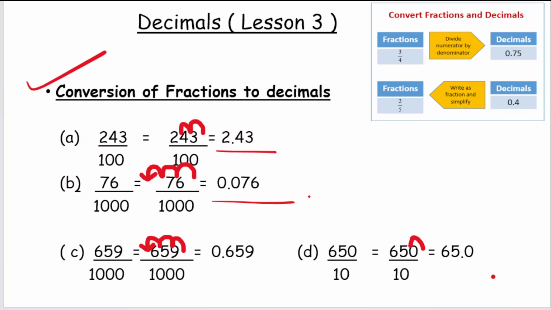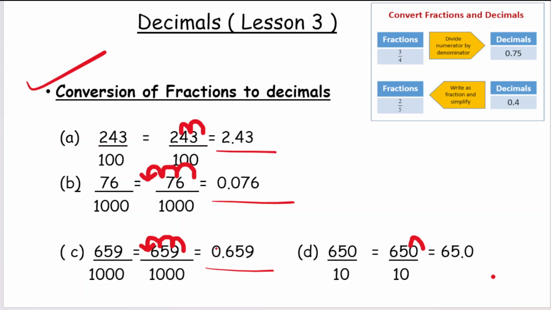659 by 1000. If you look at the denominator, it is 1000 and 3 zeros are there. If you write down the numerator value, which is 659, we shift the decimal 3 places from right to left. So it is 1 place, 2 places and 3 places.